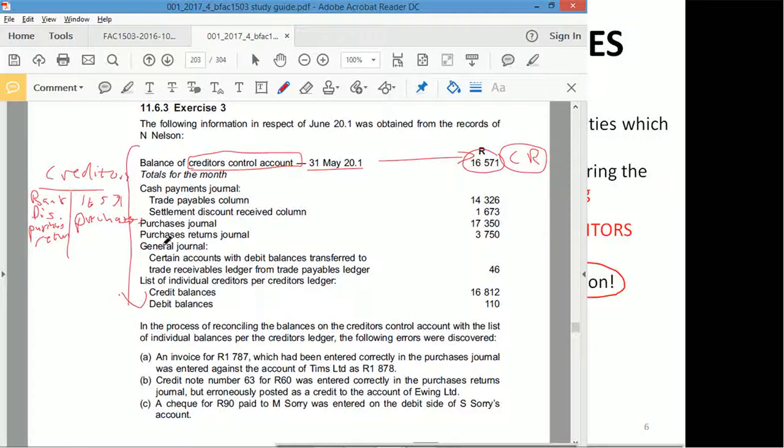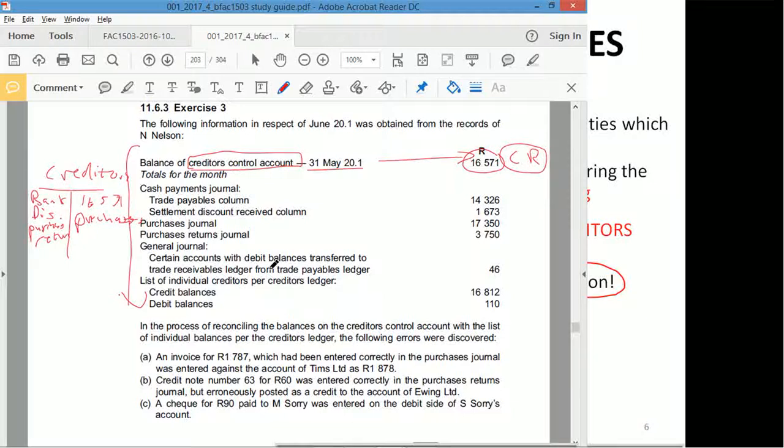General journal. Certain accounts with debit balances transferred to trade receivables ledger from trade payables ledger. Any idea? Is this going to affect our creditors? Yes. What is this saying? This is saying that some of our creditors have debit balances. When will a creditor have a debit balance?